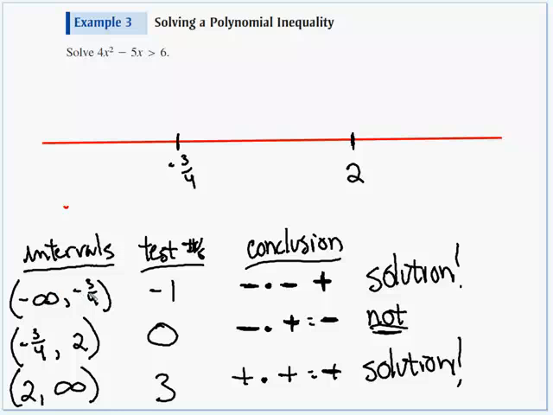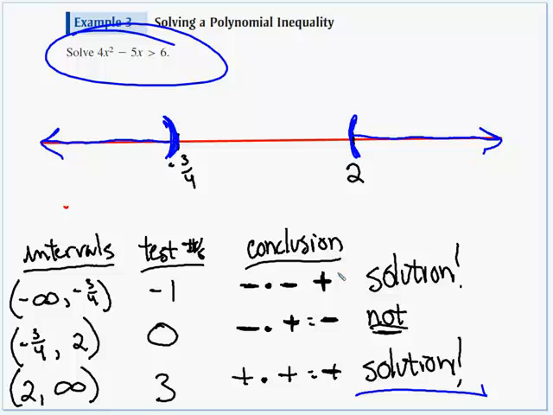And from negative infinity to negative 3/4 was part of it. So we have a parenthesis there at negative 3/4, and we're off to the left. And then we had everything from 2 to infinity was also part of the solution. Parenthesis at 2, off to infinity. So there is our one-dimensional line graph of the solutions for this inequality.